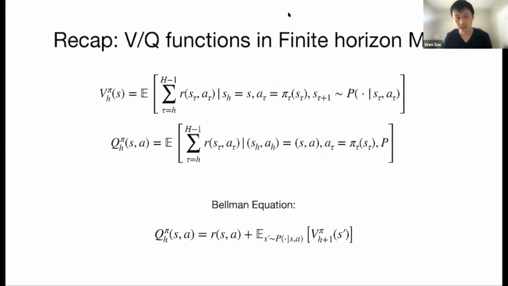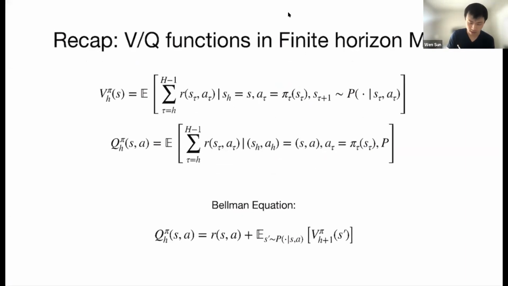The value functions are basically the same, except now we also index them by time step h. In words, this says that if I start at time step h at state s, and then follow this time-dependent policy for the rest of the steps, what's the expected total reward that I would get.